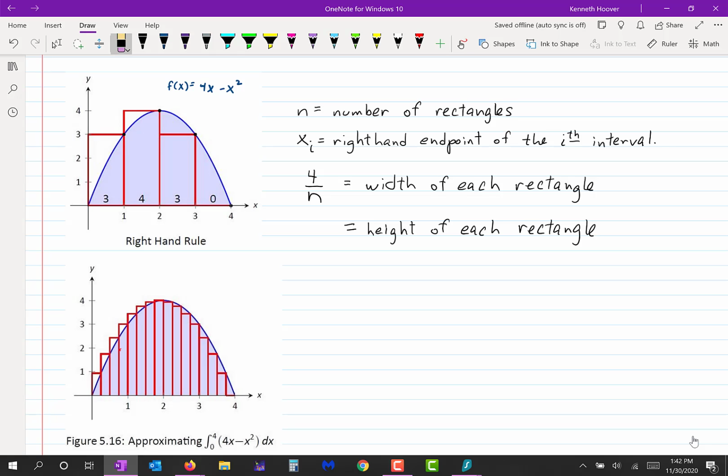Some people choose to use the left-hand endpoint instead. Some people choose to use the midpoint right in the middle of the rectangle. But we're keeping it the easiest way possible, and we're using the right-hand endpoint. What have I called the right-hand endpoint? I've called it x sub i. So the height of each rectangle is f of x sub i.